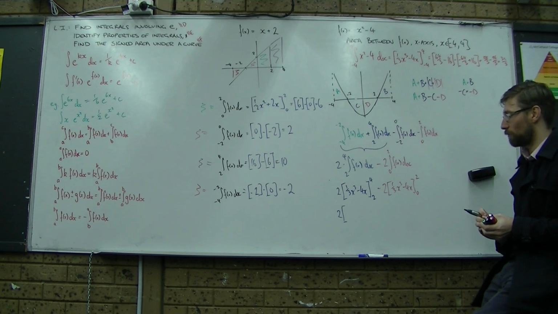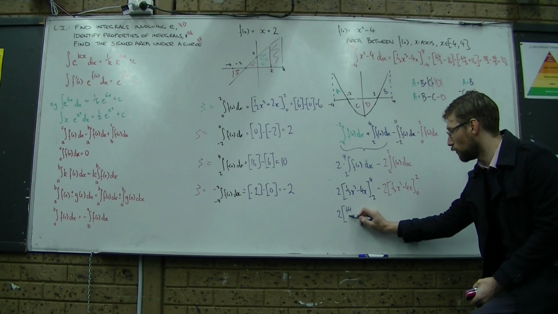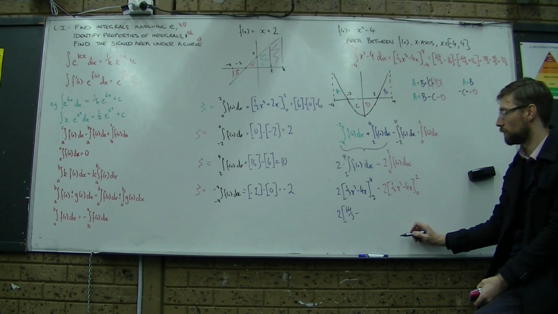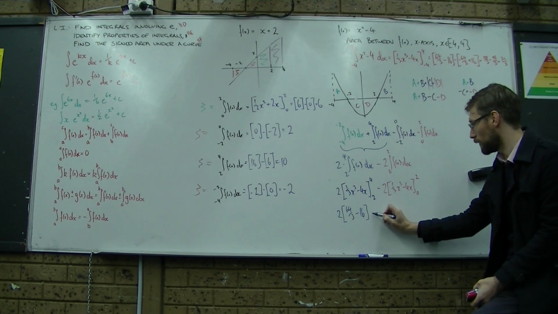Okay, is this less straightforward? Yeah? Okay, then we'll do it bit by bit. So, 4 cubed, 64, okay, so we've got 64 on 3 minus 16. Okay, we're going to deliberately do some things.